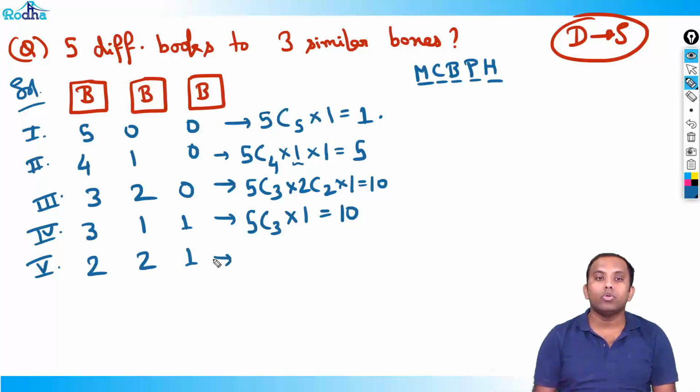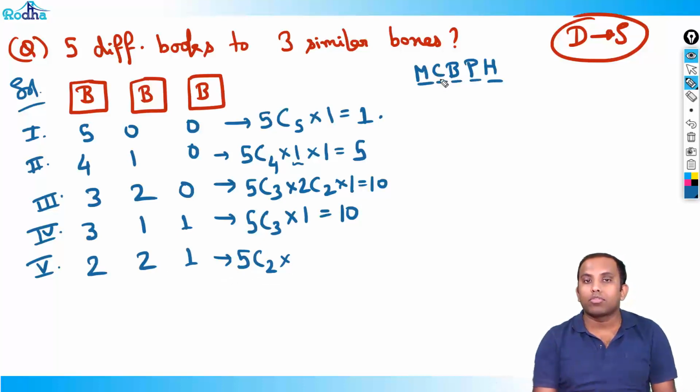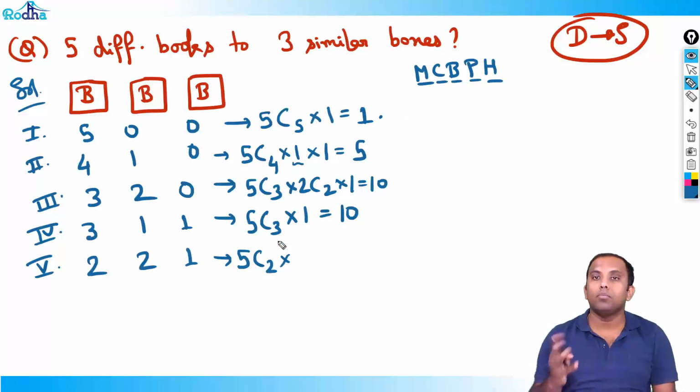How many for 221 here? See, for 221, out of 5 books, selecting any 2 books in 5C2 ways, right? Now after selecting 2 books, 3 books are left.